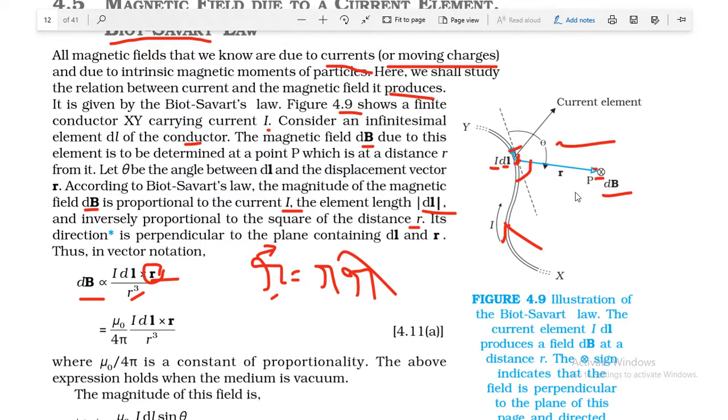Okay, so you can write this dB is proportional to I, then dl, sine theta.